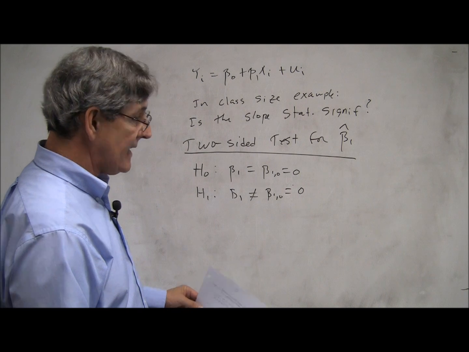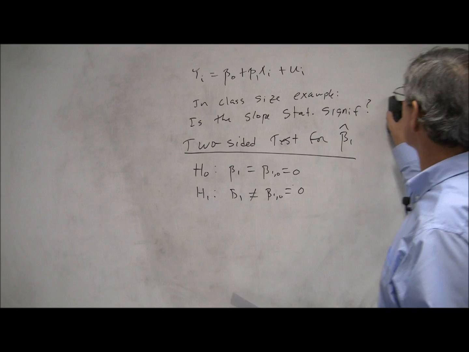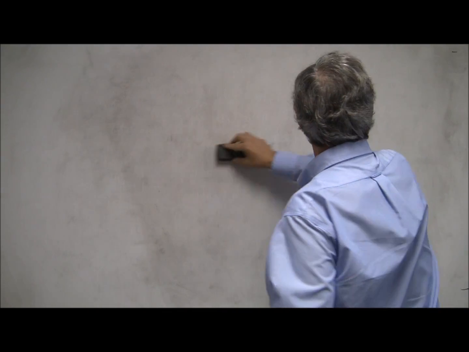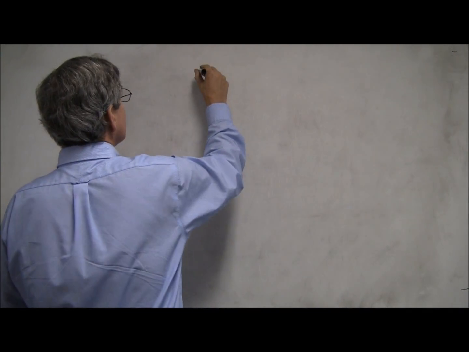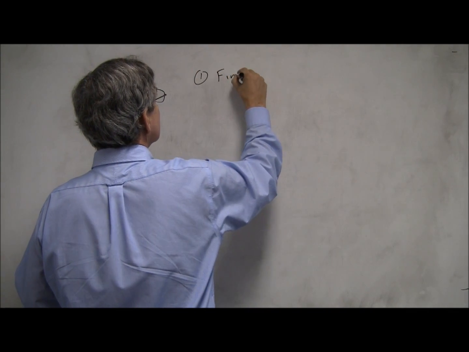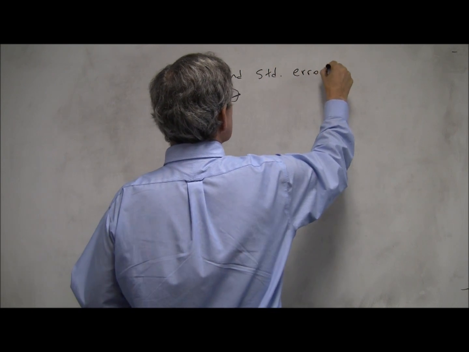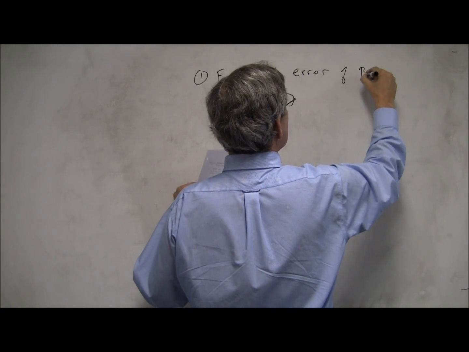Okay, to do these tests, there's a series of steps that you always go through. So what are the steps for this two-sided test? The first step is to find, and the computer package will usually do this for you, it always will, the standard error of beta 1 hat.